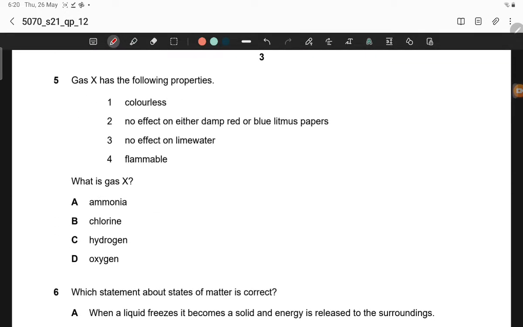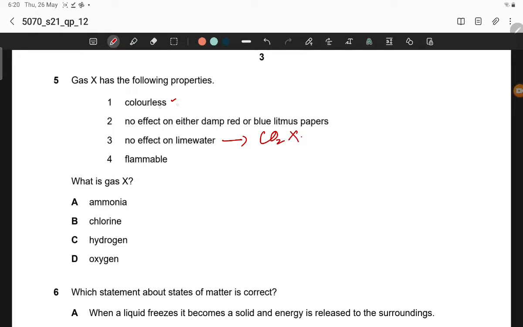Question number 5. Gas X has the following properties: colorless, no effect on either damp red or blue litmus paper, no effect on lime water, flammable. No effect on lime water means carbon dioxide is not present.